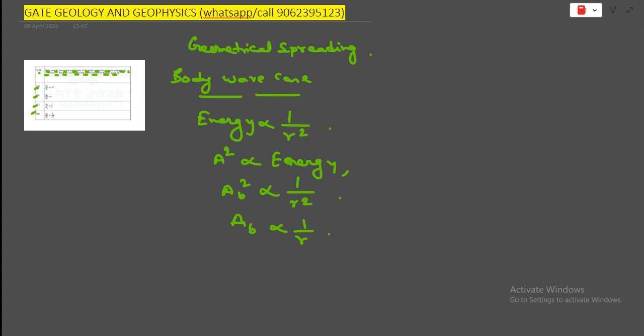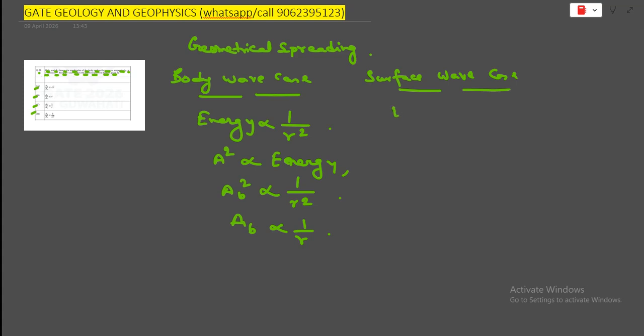Now for the surface wave case, what's happening here? The surface waves are stuck on the 2D surface and they spread over the circumference of a cylinder or a circle, which is 2 pi r.